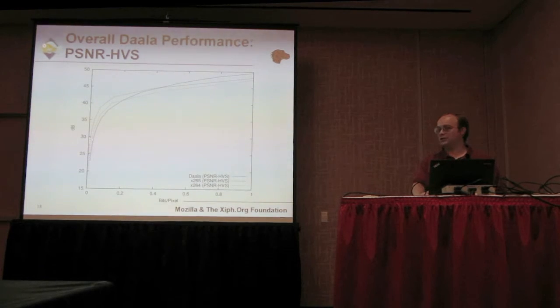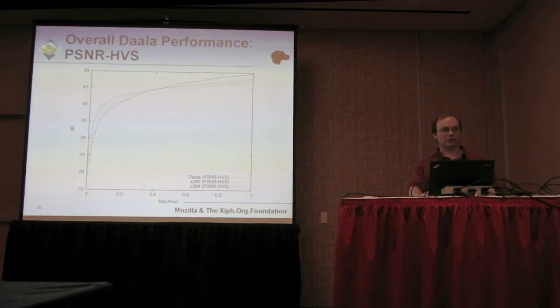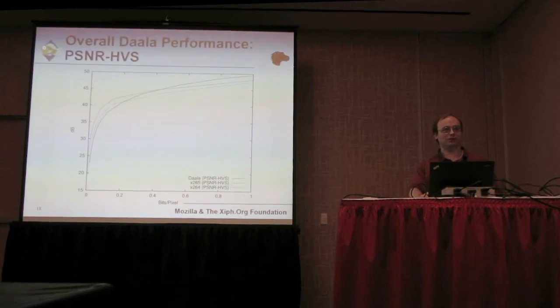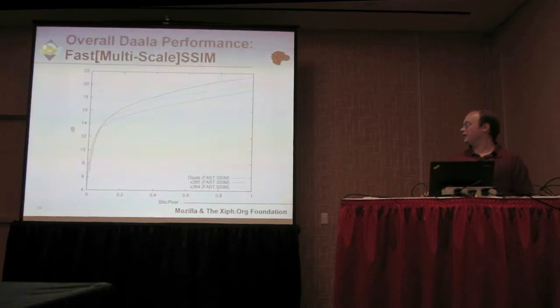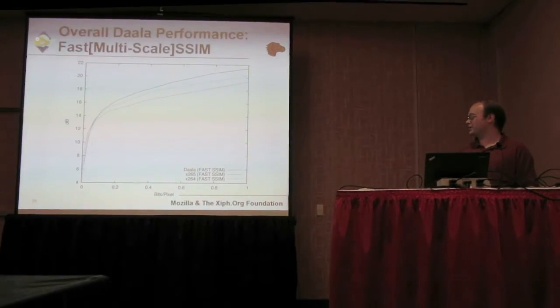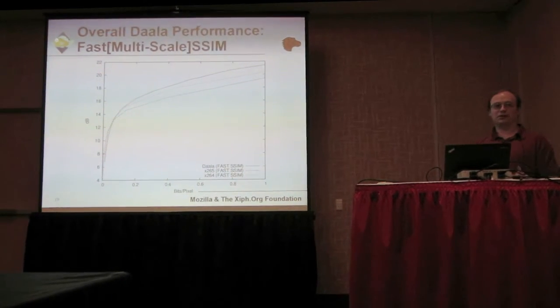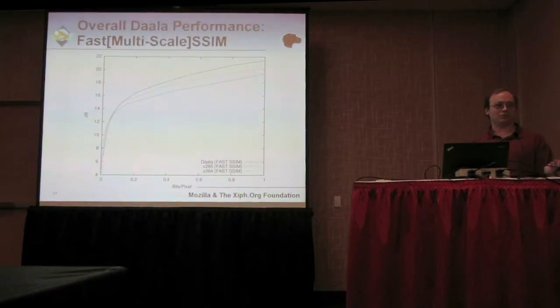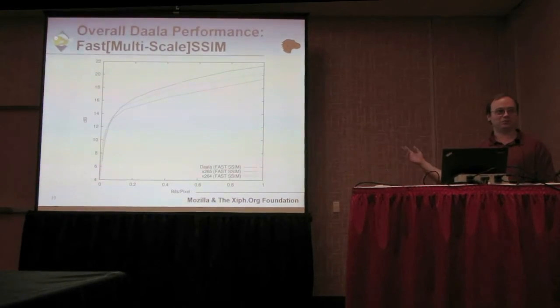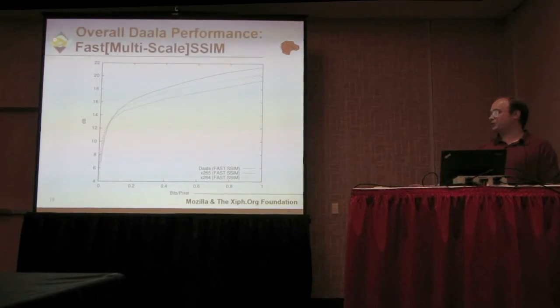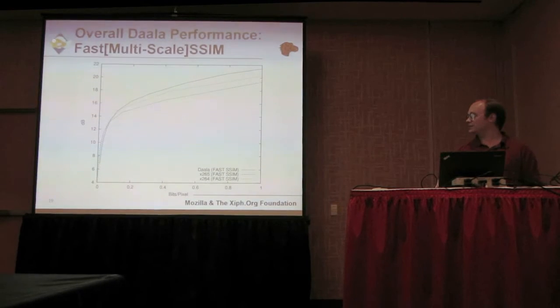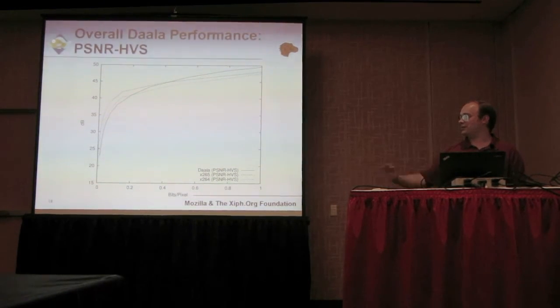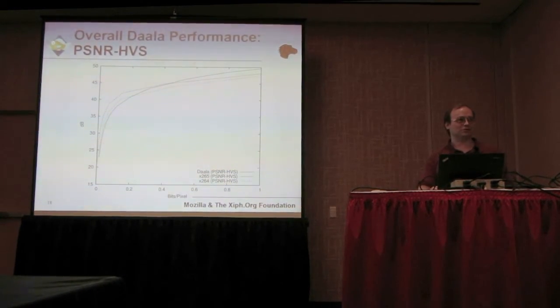This one generally tends to tell you, at least in our experience, how well you do on clean edges. On fast multi-scale SSIM, we look even better, and that generally tells you how well we do on preserving texture. If you saw the PVQ talk, that should come as no surprise. So I think this one probably overstates the case, and this one probably understates the case, and our real performance is somewhere in between those two.